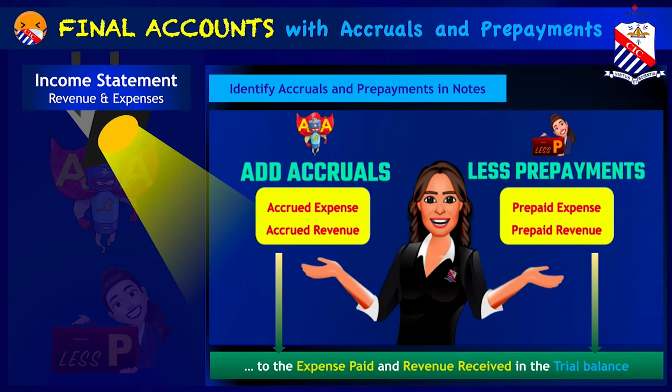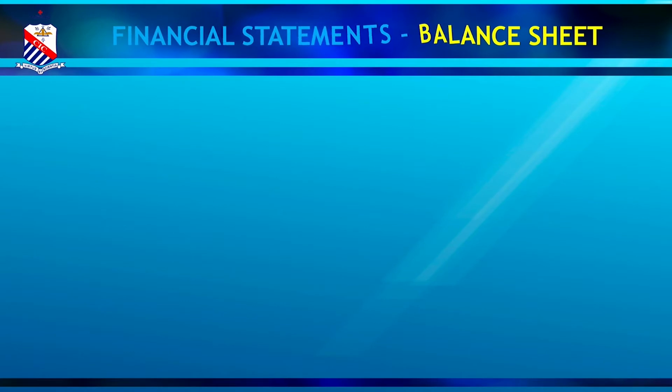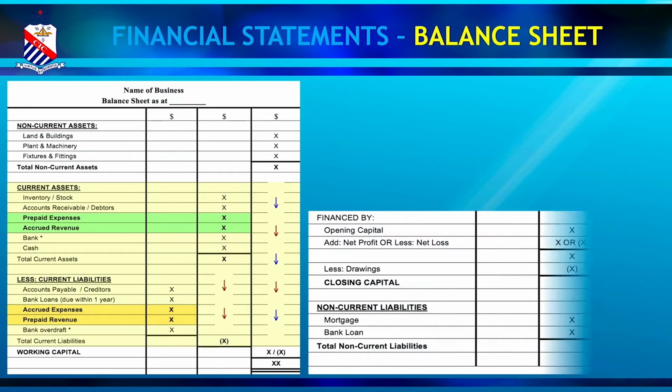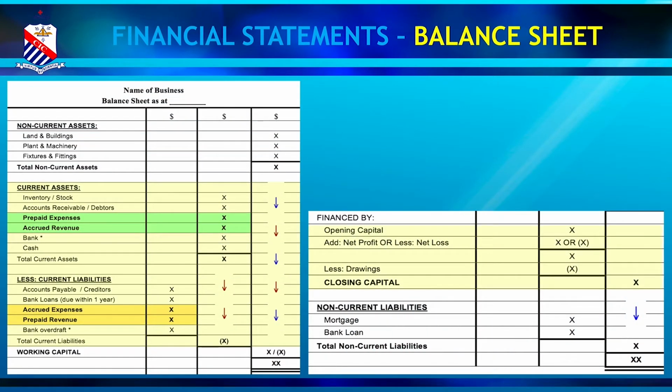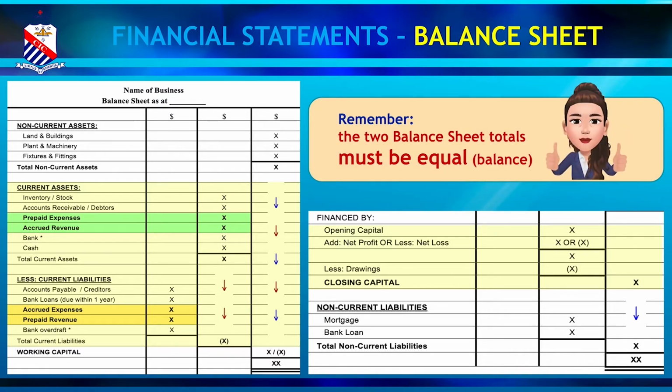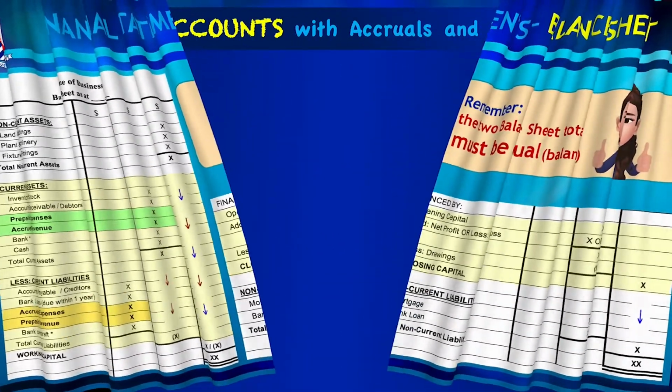less prepayments. After we have completed the income statement, we prepare the balance sheet that also has two sections that calculate two totals. Remember, the two totals must be equal for the balance sheet to balance.